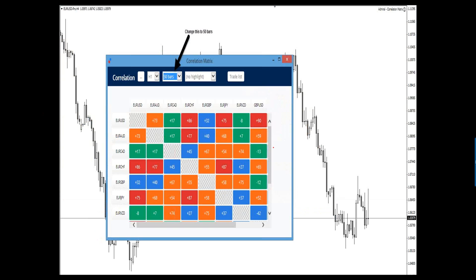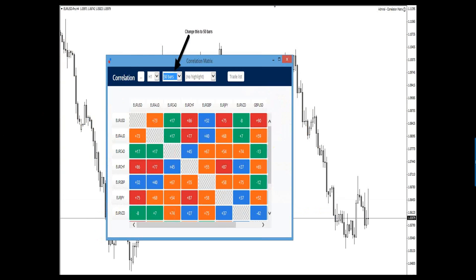This is how the correlation matrix looks like. This is Admiral Markets tool. If you install Supreme Edition of Admiral Markets, you can have this tool at your disposal. I really need to congratulate the Admiral Markets team of programmers, who did an excellent job coding different useful things within Supreme Edition, and this is the tool I use every single day when I trade.